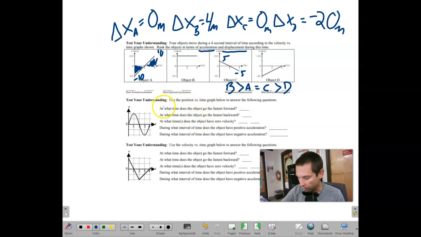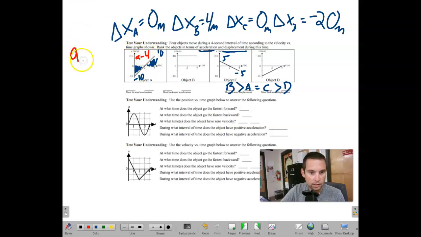Now for the acceleration, how are we going to get acceleration from a velocity versus time graph? We're going to take the slope. Our slope of this first line, rise over run. So we're going up 10 over 2, or we're going up 20 over 4. Either way, we're going to get a equals 4.